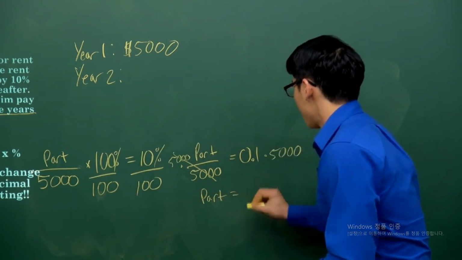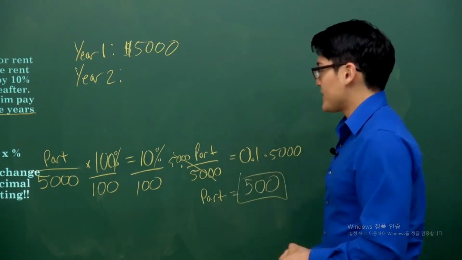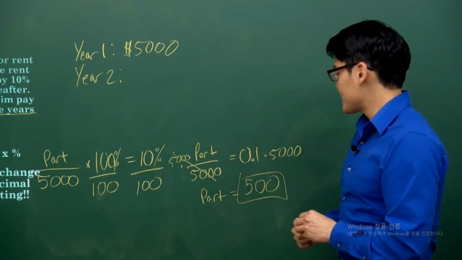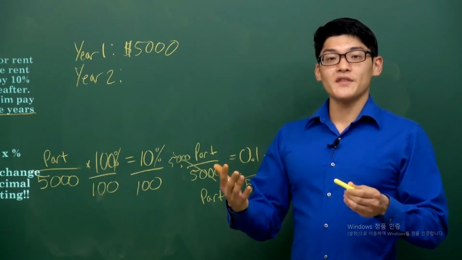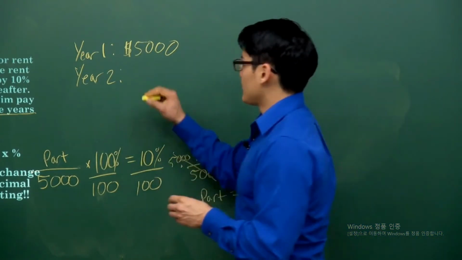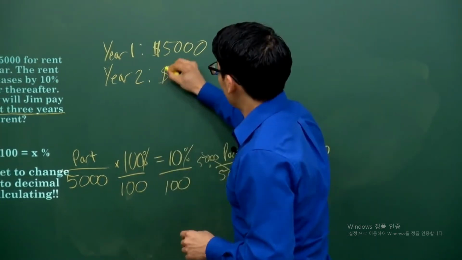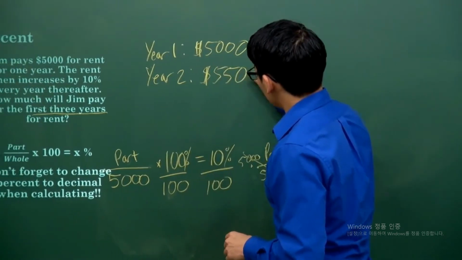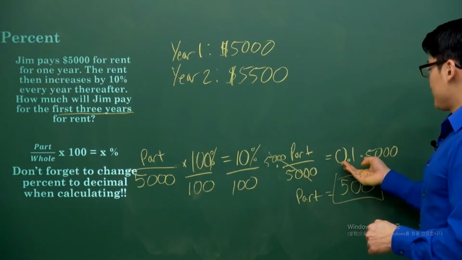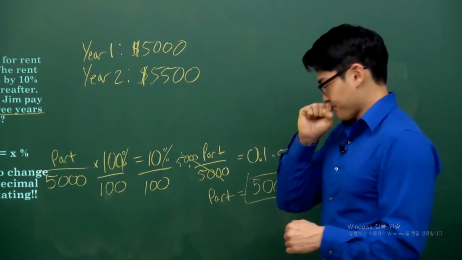And 0.1 times 5,000 is just 500. So his rent will increase by $500. So year two, he's going to pay $500 more than he did in year one. Well, that's easy. 5,000 plus $500 is just going to be $5,500. And as you saw, we just multiplied the percent by the amount of rent he paid that year.